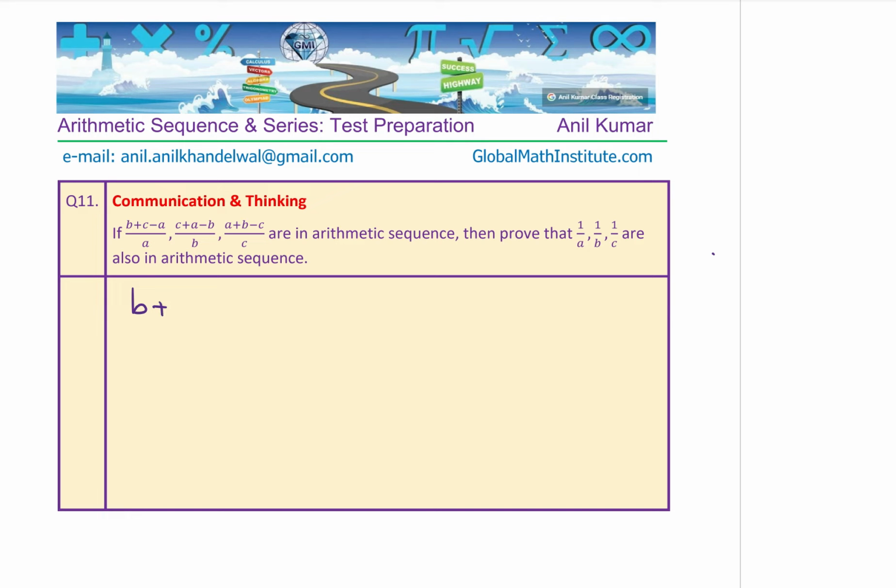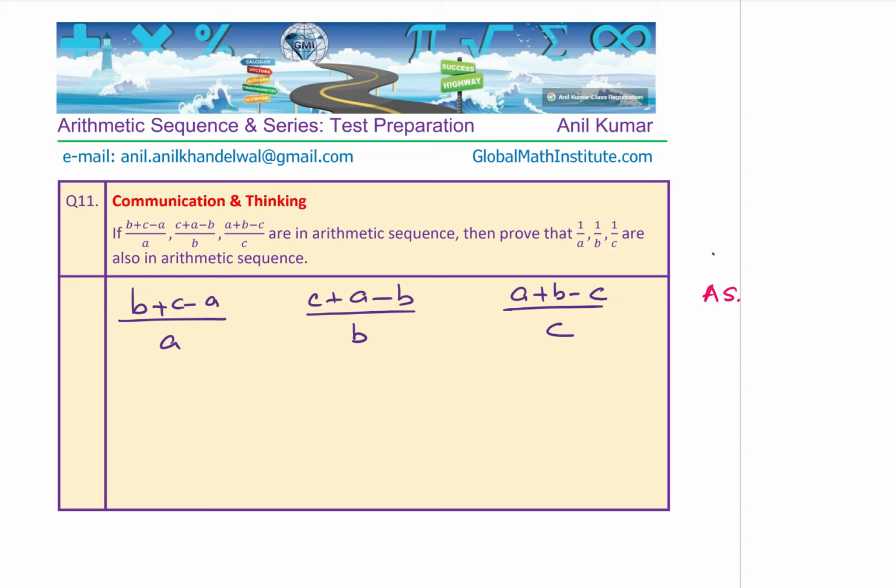We have b plus c minus a over a, correct? The other term here is c plus a minus b over b, correct? And the third term is given to us as a plus b minus c over c, correct? So these are the three terms and they are in arithmetic sequence, correct?